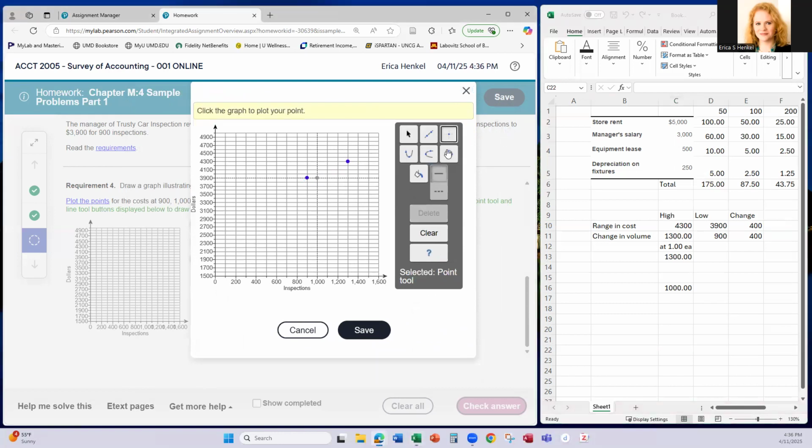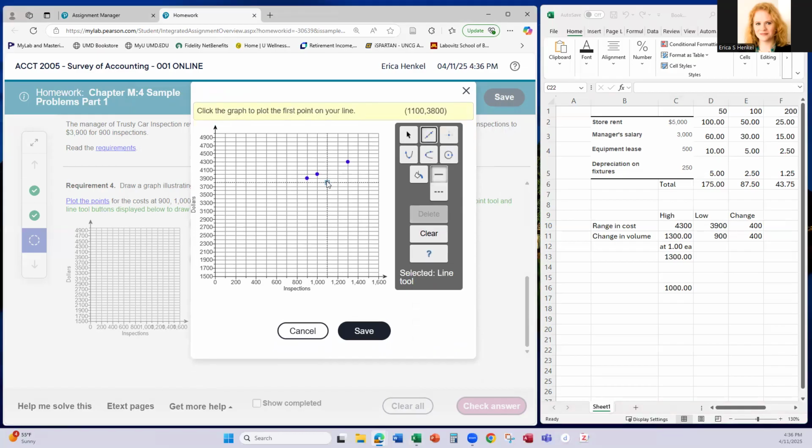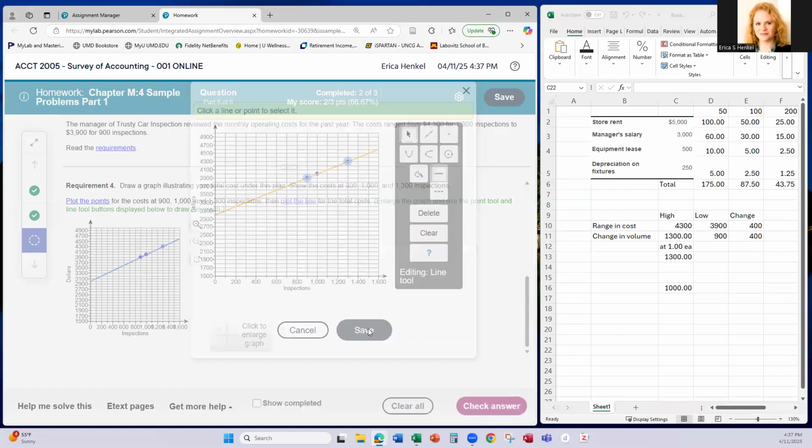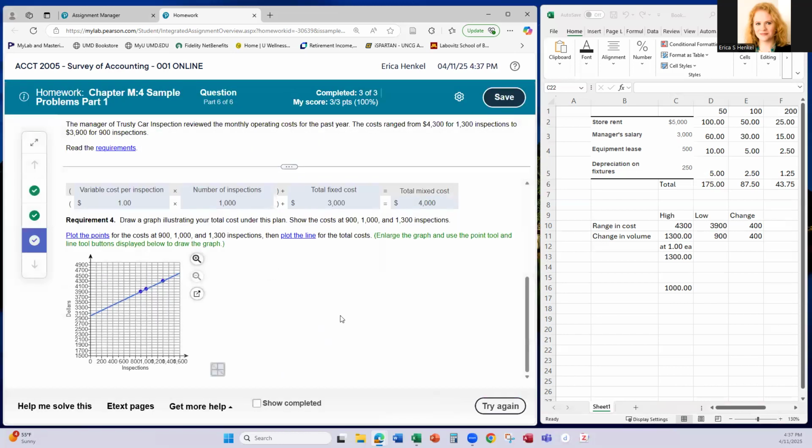I'm going to wait to click until I'm in the right spot this time. There we go, 1,000 inspections, $4,000. Then we're going to click here to plot a line from here through there. So it's crossing all 3 points, and there we've got our plotted line. All right, go ahead and check that, and we are good.